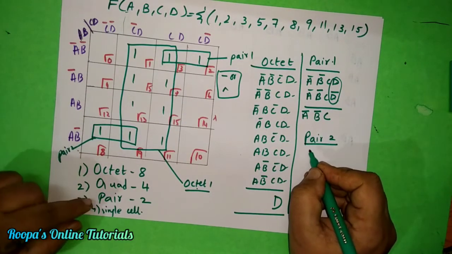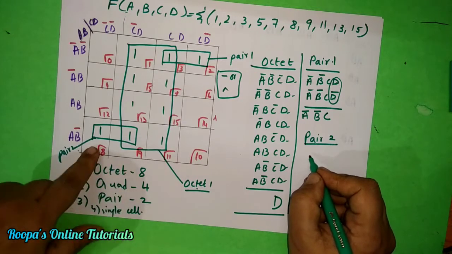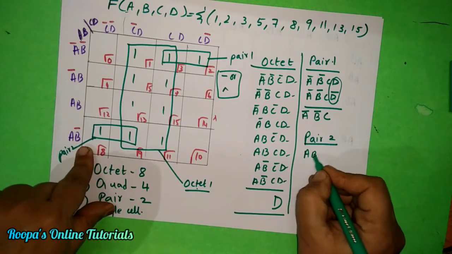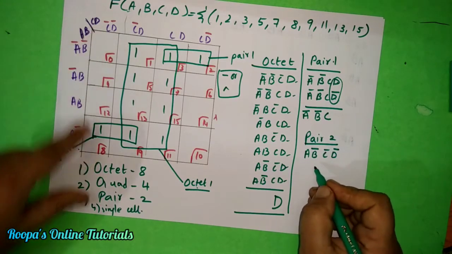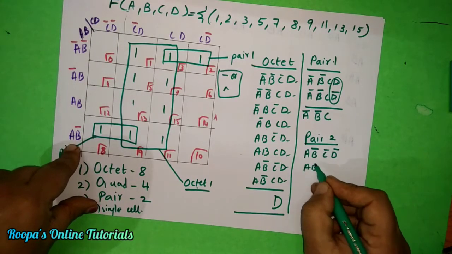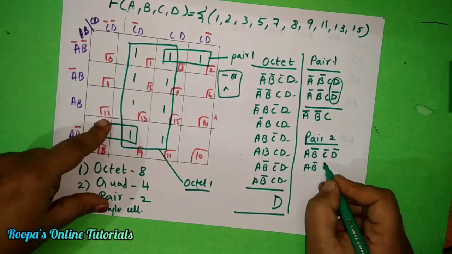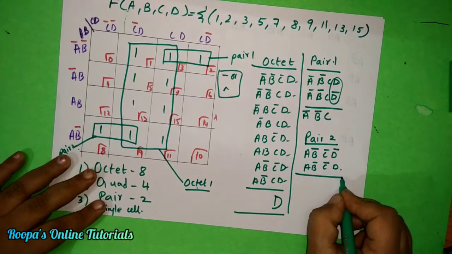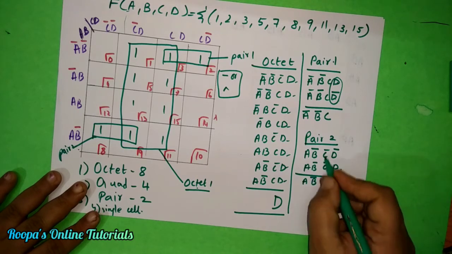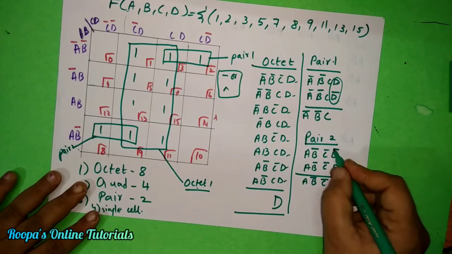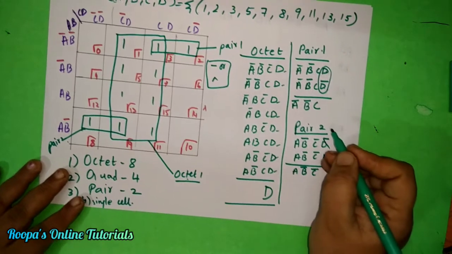Now we will see pair 2. What is pair 2 for me? Pair 2 is here. So it will be AB complement, and then C complement, D complement. Then again I will write the same thing, AB complement, C complement D. So now A is same, B complement is same, C complement is same, but D has become D complement. So we will not take that.